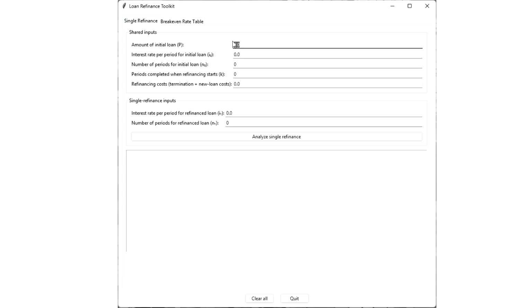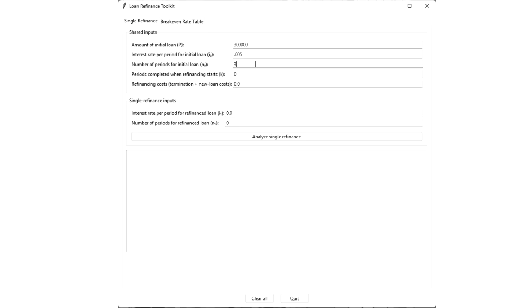We'll put in the initial loan amount, it was $300,000. Then the interest rate, not percentage, but rate. So we need to convert that. Number of periods, that was 30 years.